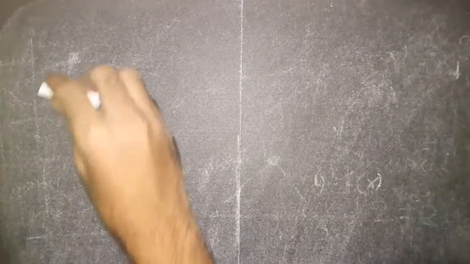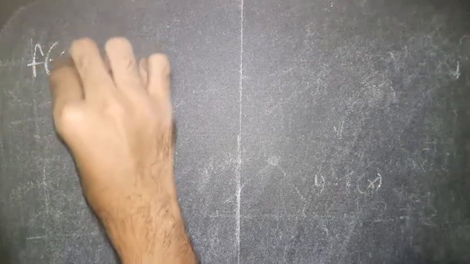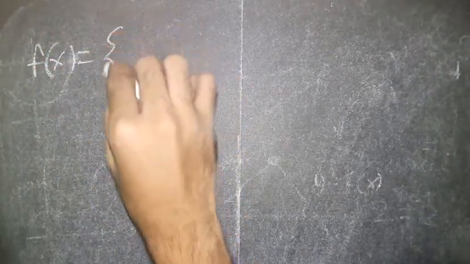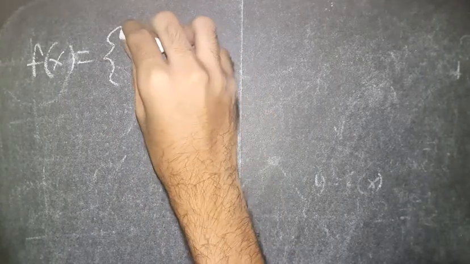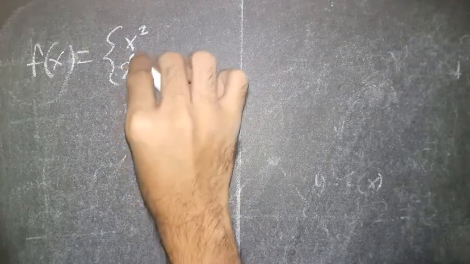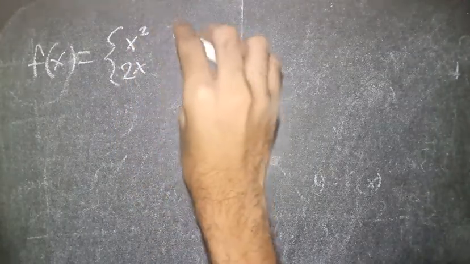Now, let's determine the continuity of these functions without graphing or without any aid from graphs. Consider the piecewise function f of x is x squared when x is less than or equal to 2, and 2x if x is greater than 2.